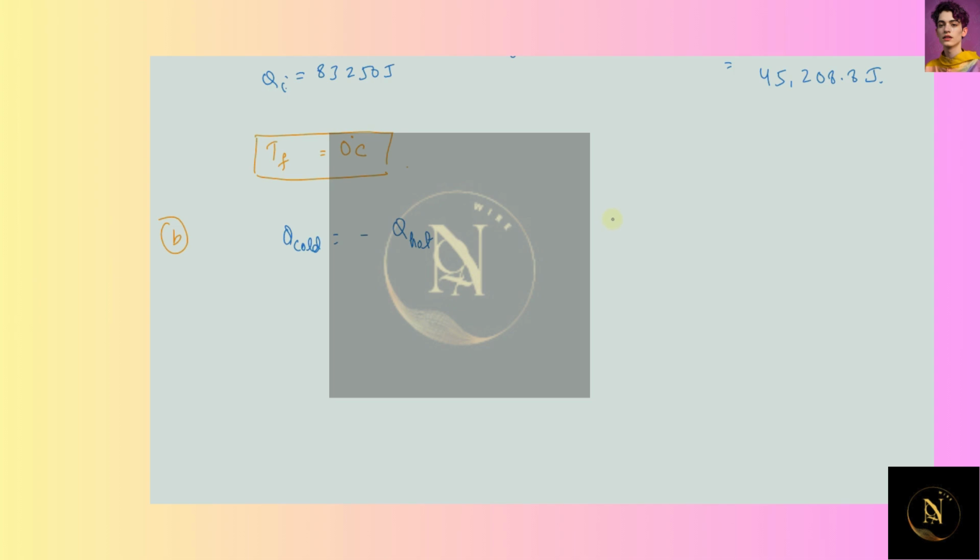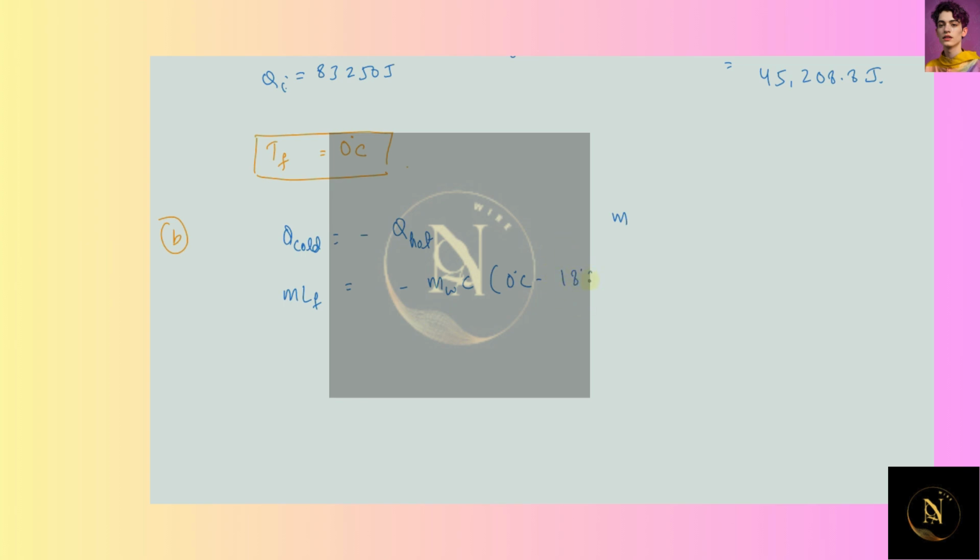So let us assume that m amount of ice is melted. So m times Lf, that is the latent heat of fusion, will be equal to minus mass of water times the specific heat of water times delta T, that means change in temperature. So the final temperature is 0 degrees Celsius and the initial temperature, we know, is 18 degrees Celsius.